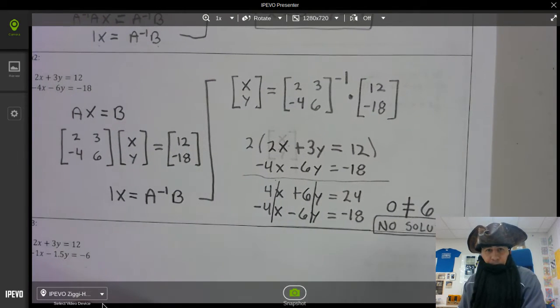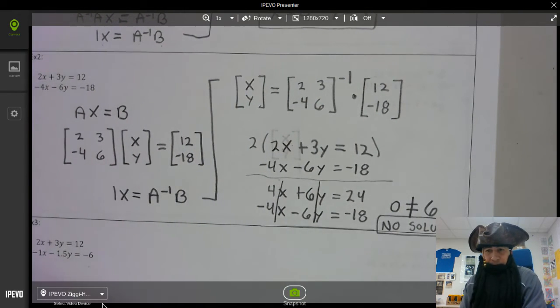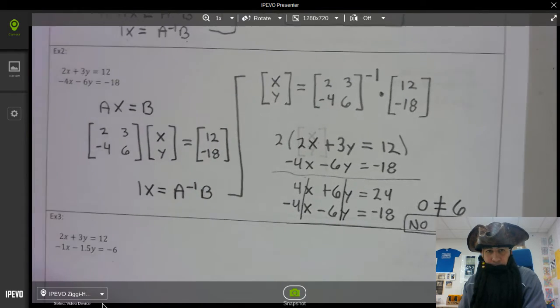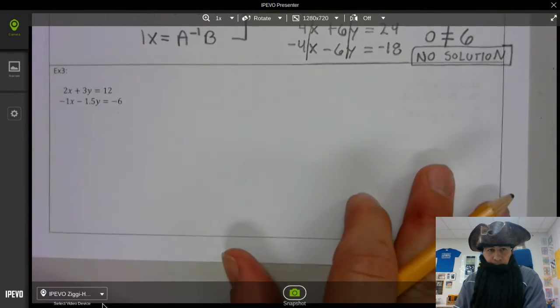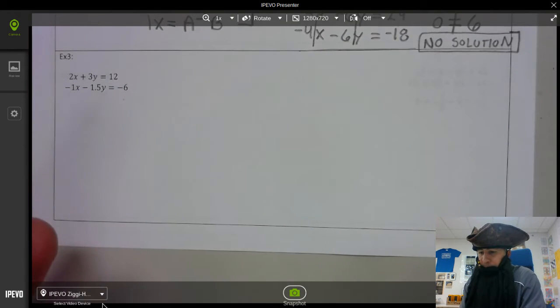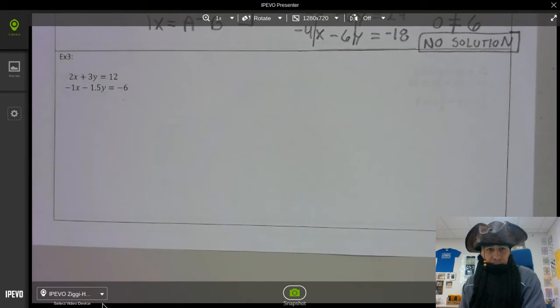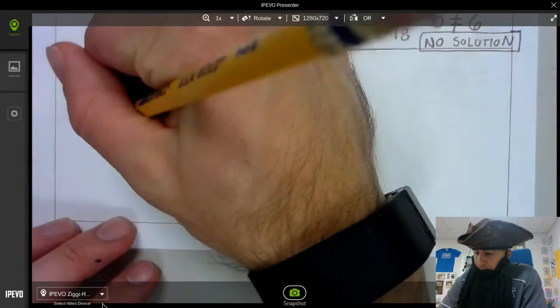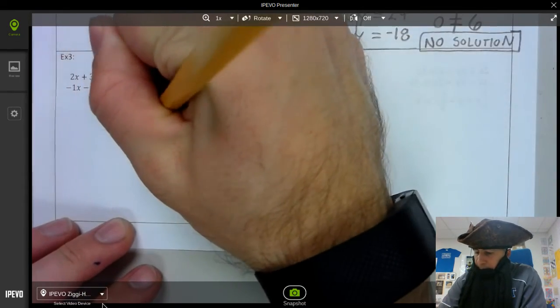All right, so again, pause the video, and I want you to try to set up example 3. All right, so I'm assuming that you're watching the video that you set up example 3, and now you're just verifying that your work is correct. So again, we're going to set up our matrix equation.